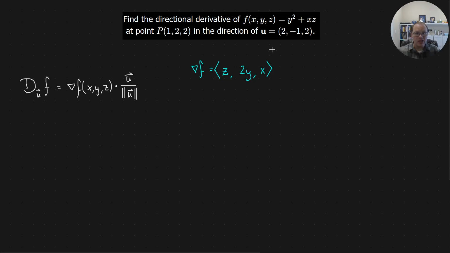And now I need to find a unit vector pointing in the same direction as vector u. So vector u, and then I normalize it to turn it into a unit vector. I divide by its norm. I get the vector (2, negative 1, 2), and divide by the square root of first component squared plus second component squared plus third component squared.